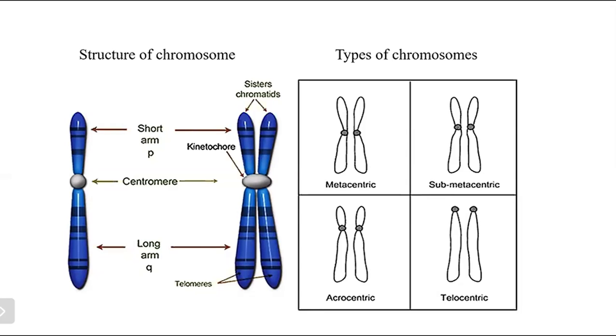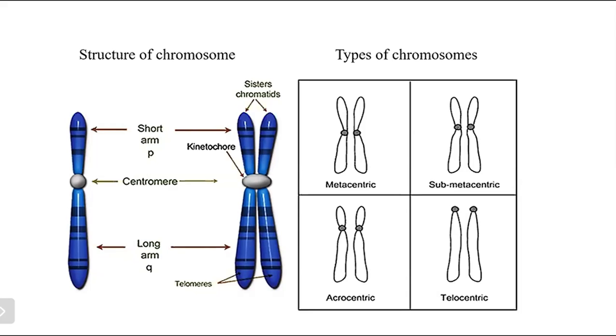In a chromosome, you can see a short arm, that is the P arm, and a long arm, that is the Q arm. These two have a constriction in the center called the centromere. Now, meros means part in Greek, and centro refers to central, so it is the central part of the chromosome.